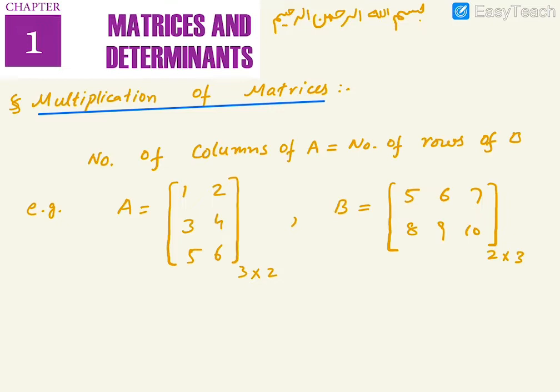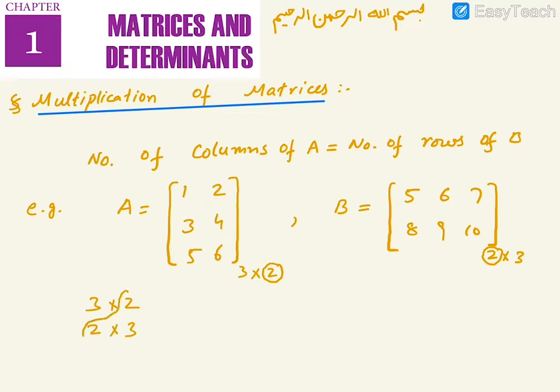Now check, the number of columns of A is 2 and the number of rows of B is also 2. So these two matrices are conformable for multiplication. You can see the order of A is 3 into 2 and the order of B is 2 into 3.